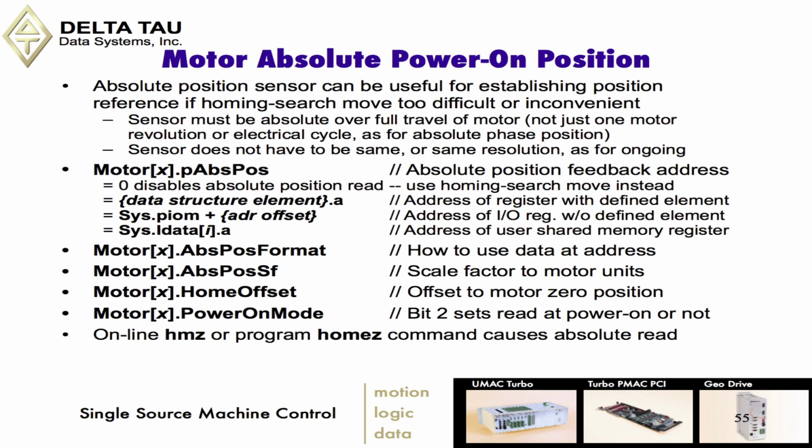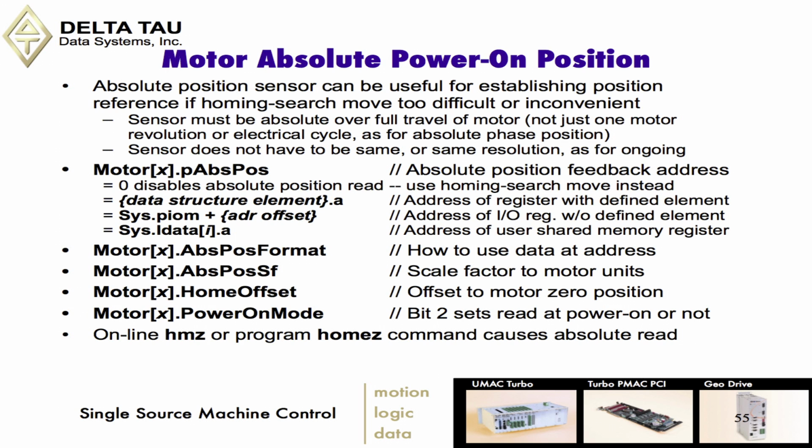Let's talk about absolute power-on position. Motor[x].pAbsPos is the pointer to the absolute position feedback device. We can have absolute position sensors of many types, and this will keep us from having to do a power-on homing search move.